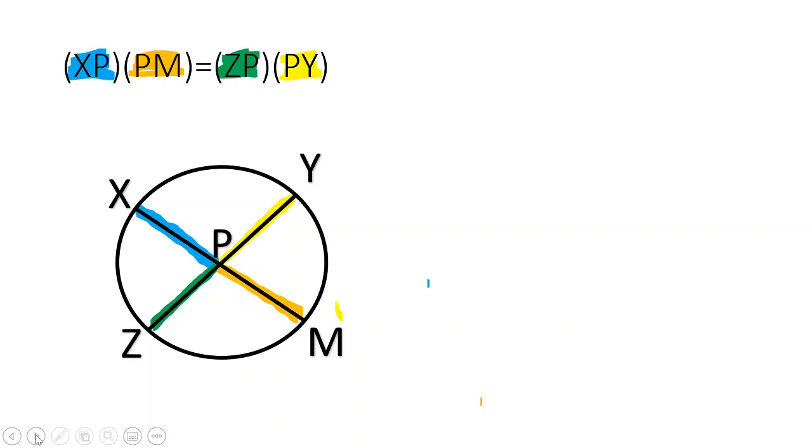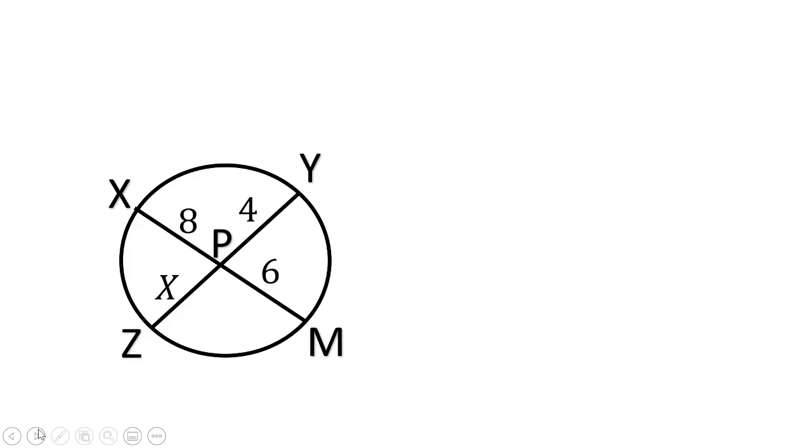So as we move forward, let's take these proportions and put them into practice. Okay. So here's my first one. It's where we have chords that meet inside. So according to what I saw on the last slide, XP times PM is equal to ZP times PY. That's going to be really easy on this one because I used the same letters.